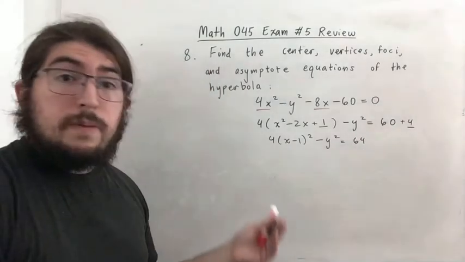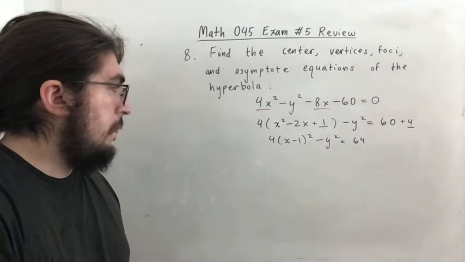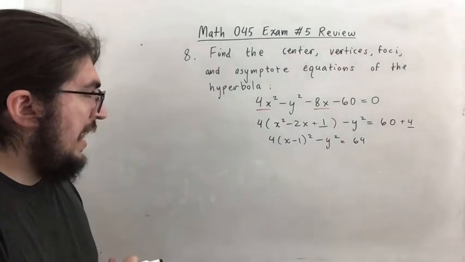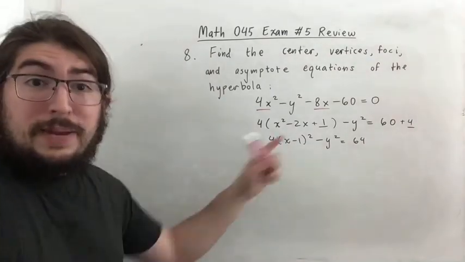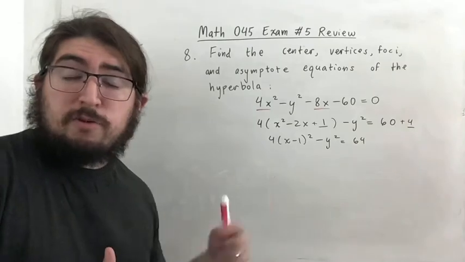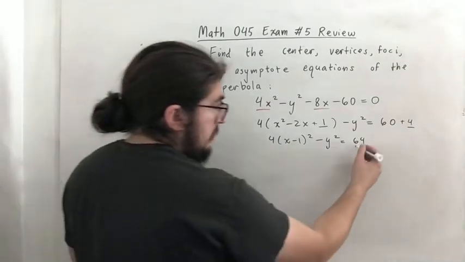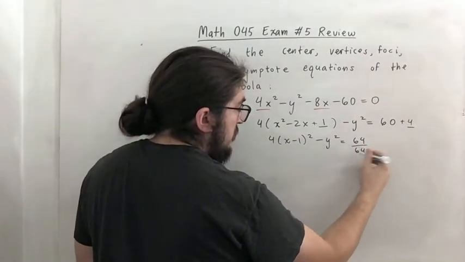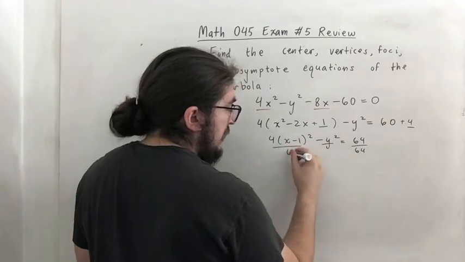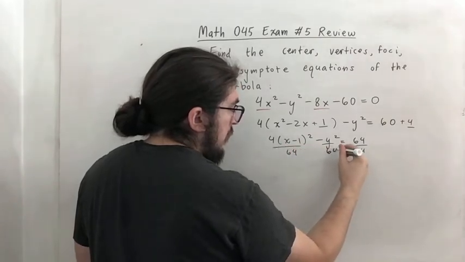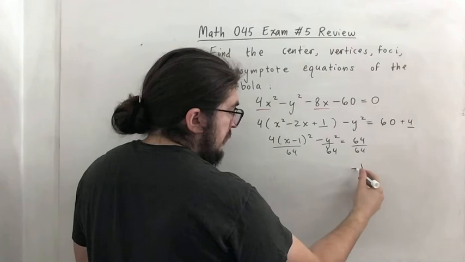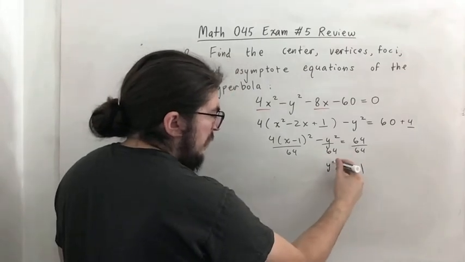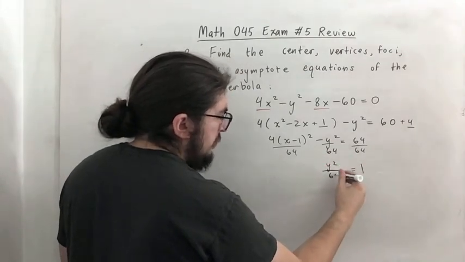Again, we have a nice square number like we saw for the ellipse problem a while ago. So that's good. And now what? Well, now to make this 1, because remember for the standard form we want 1 on that side, we're going to divide all 3 of these terms by 64. So that's 1. This is y squared over 64.